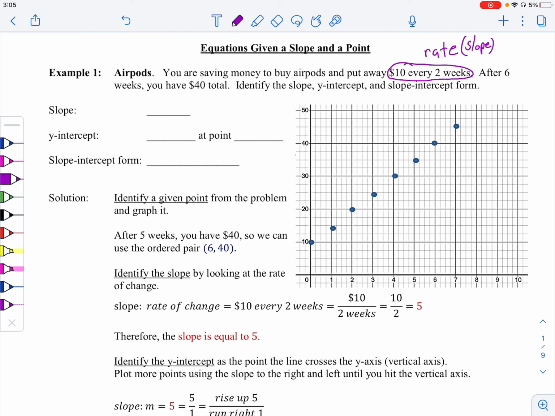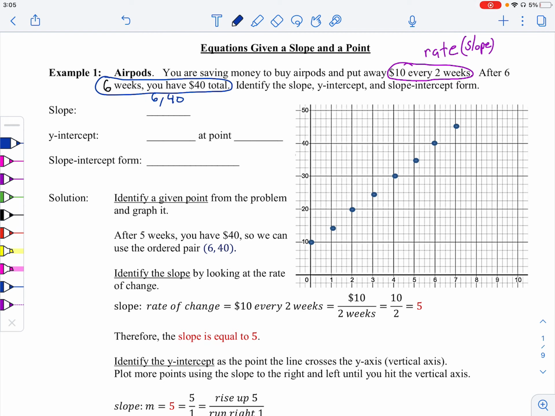And then after 6 weeks, you have $40 total. That's a data point, right? So that's 6 comma 40.